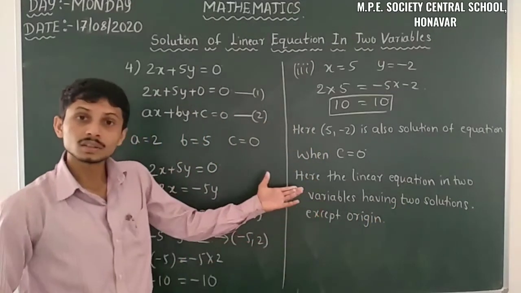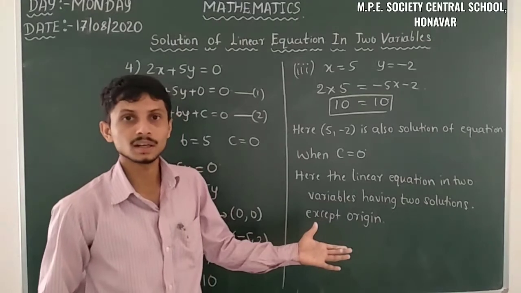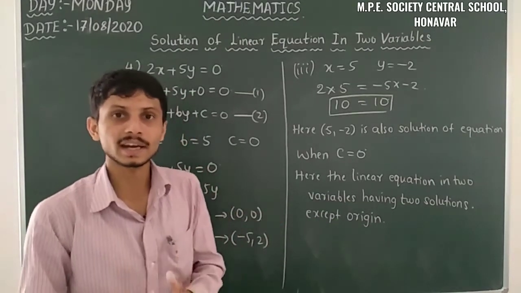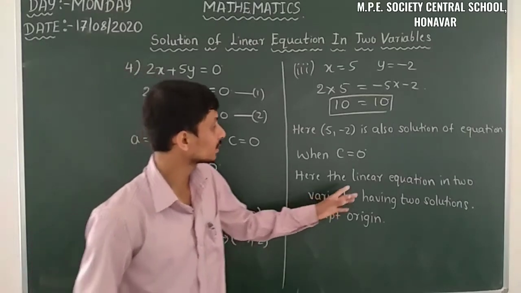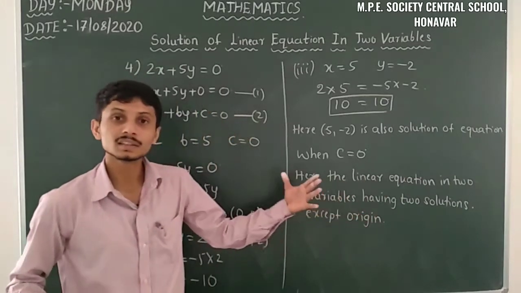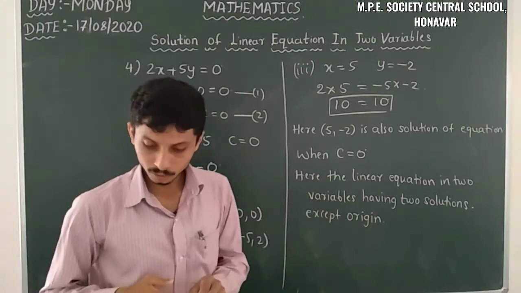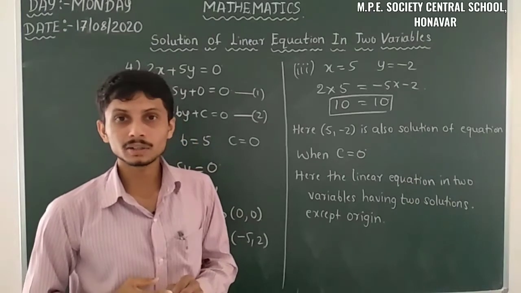That means two solutions are possible here. Except the origin, the origin is taken as a reference in the standard form here. Or we can write it as: the linear equation in two variables has three solutions. So this is about the solutions of a linear equation in two variables.